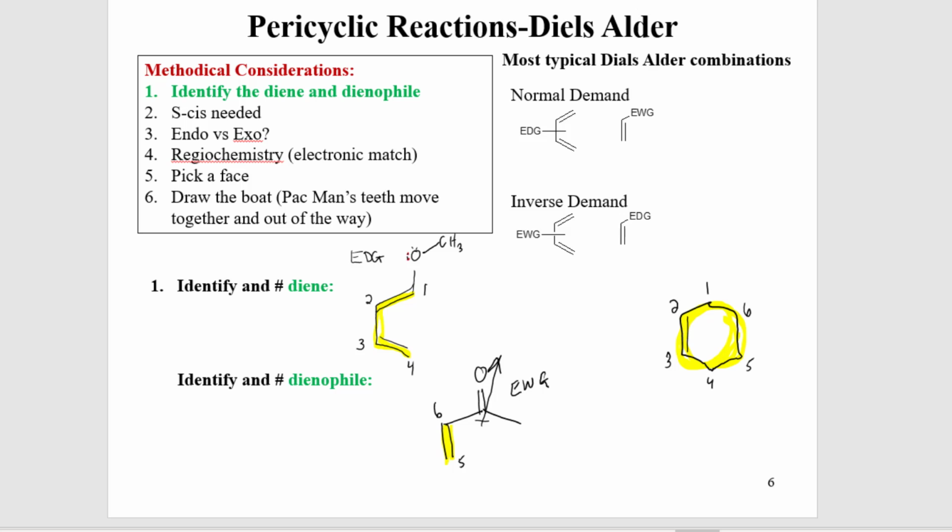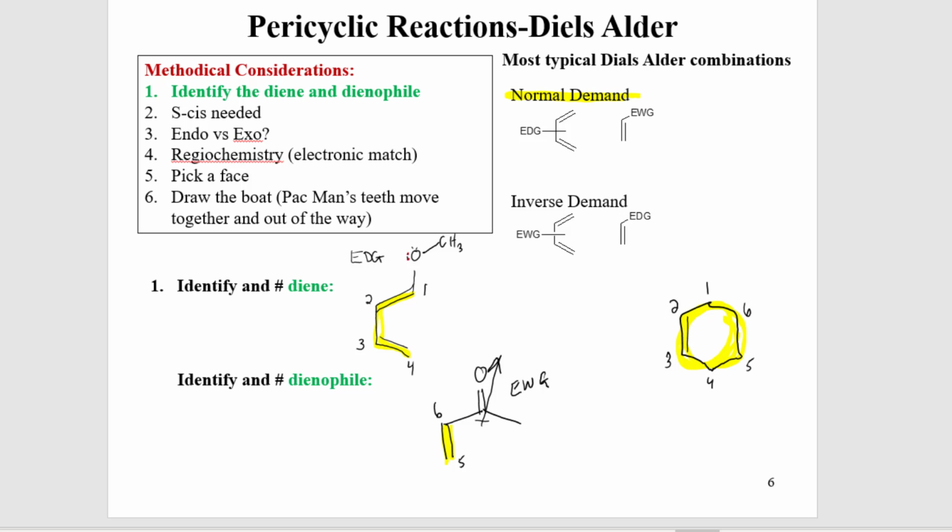I always think highlighting your diene and your dienophile helps you to see the groups as a group off of your diene or off of your dienophile, and it makes it easier to define them as their inductive electron donating or withdrawing groups. Okay, so that's the first step. I also give you a little note up here that I'm showing you the normal demand.